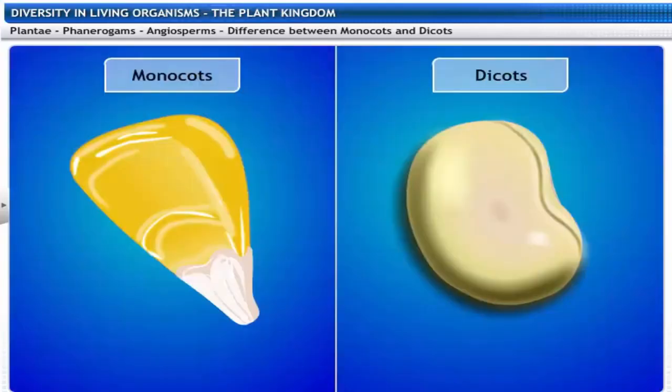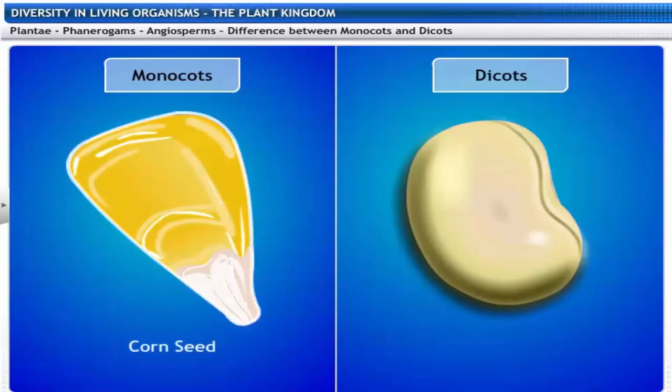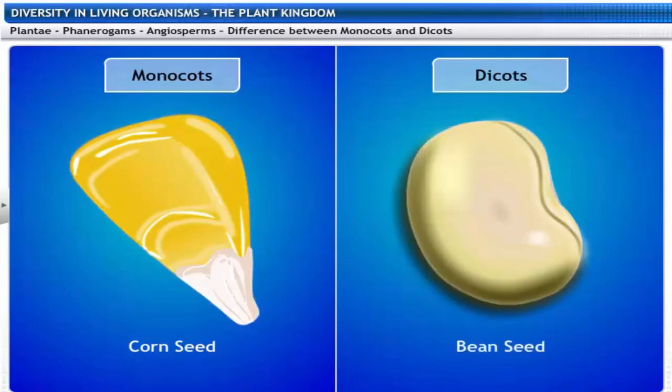Let's look at some other differences between monocots and dicots. We will use a corn seed as an example of a monocot and a bean as a dicot.